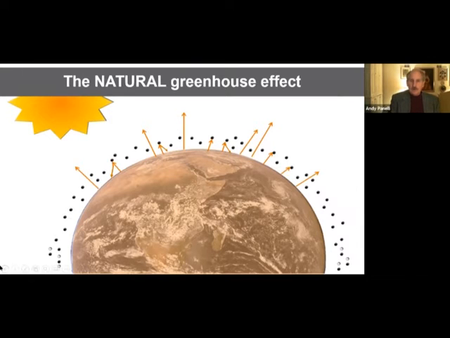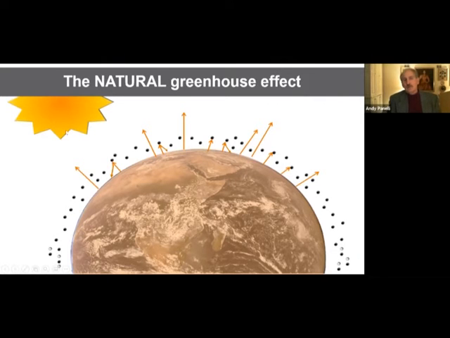So we all know about the greenhouse effect. Up and swirling around in the upper atmosphere are naturally occurring CO2 emissions, methane, nitrous oxide, and water vapor.